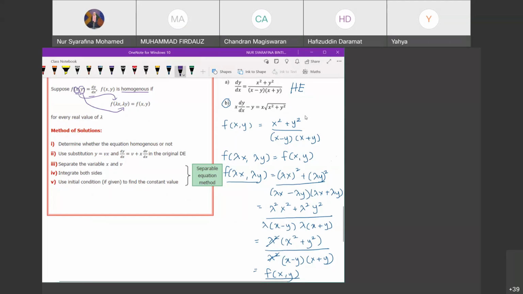Okay, so for this case, in order for you to substitute lambda x, lambda y, it is easy for you to simplify first. Okay, let's try. It's quite easy. Just put y over x there.